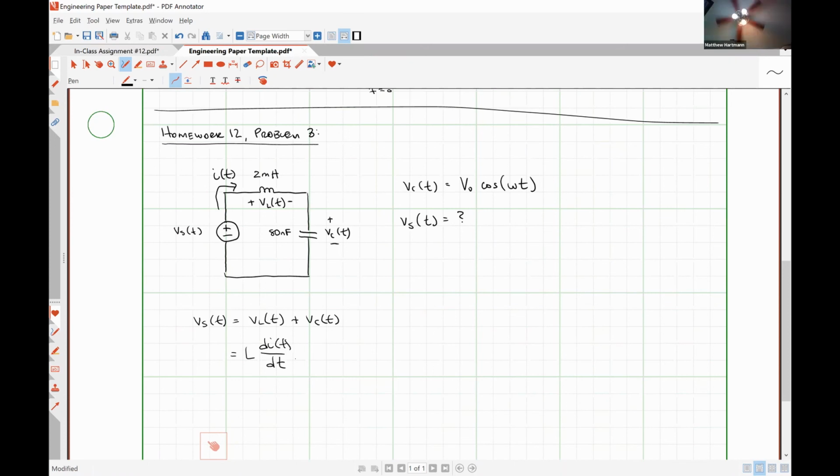So L dI/dt plus 1/C integral from t naught to t of I of x dx plus Vc at t naught.